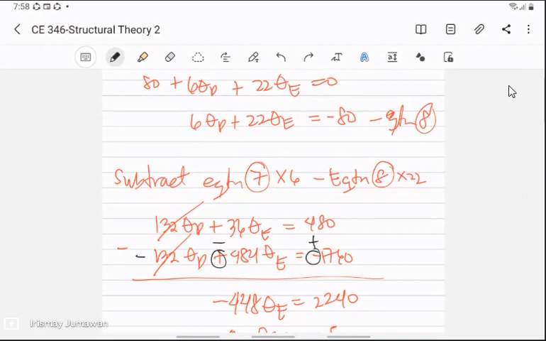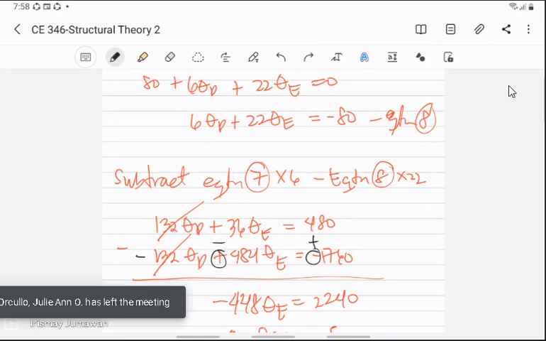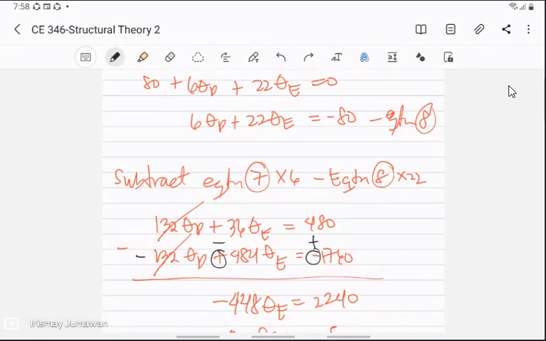Okay, looking back at the rules of algebra, in subtraction, we need to change the sign of the subtrahend. That's why I changed it there. The positive changes to negative, the negative changes to positive, then proceed to addition. In addition, for like terms having different signs, you have to subtract and carry the sign of the larger number.